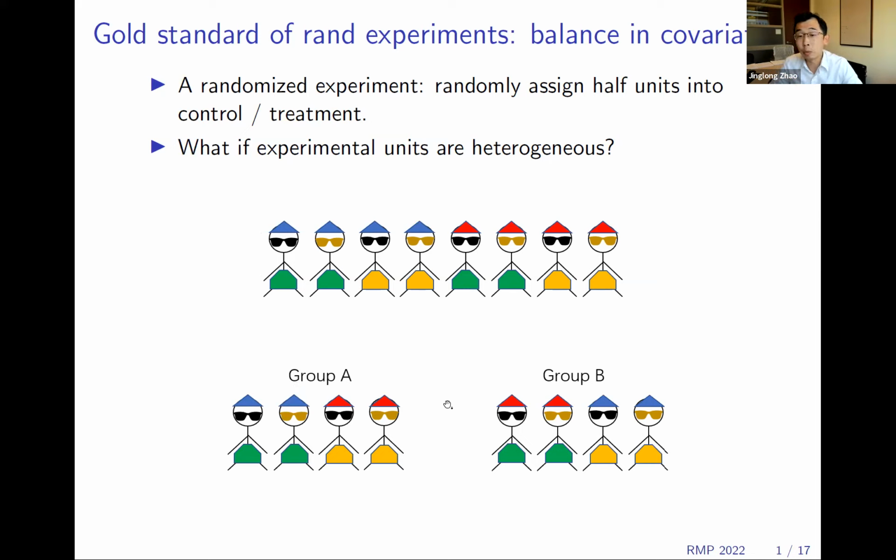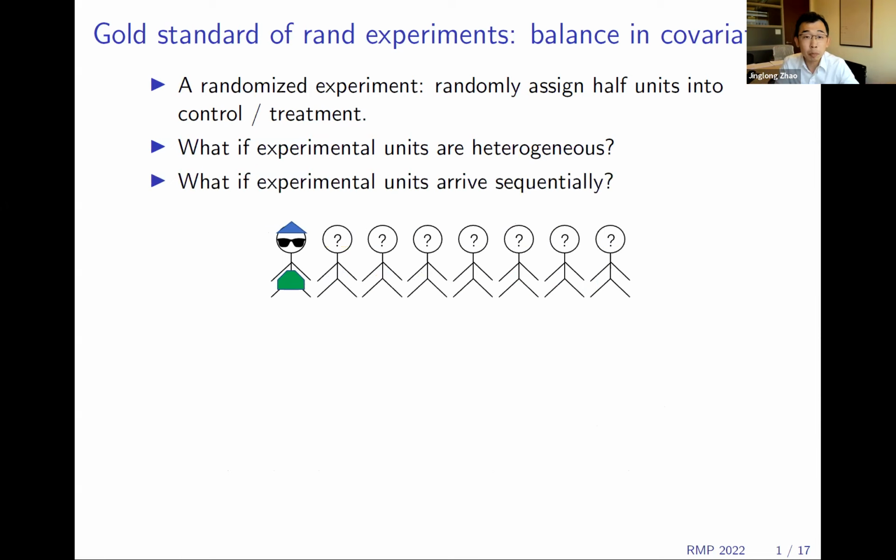As you can see here, we see a very nice balance in the sense that there are exactly 2 people who wear a blue hat versus a red hat in both the treatment and control group, and so it does with the color of the glasses and the color of their pants. So this is all good. People have studied this balancing in experimental design for many years. It is widely adopted in practice as well and well understood in the literature.